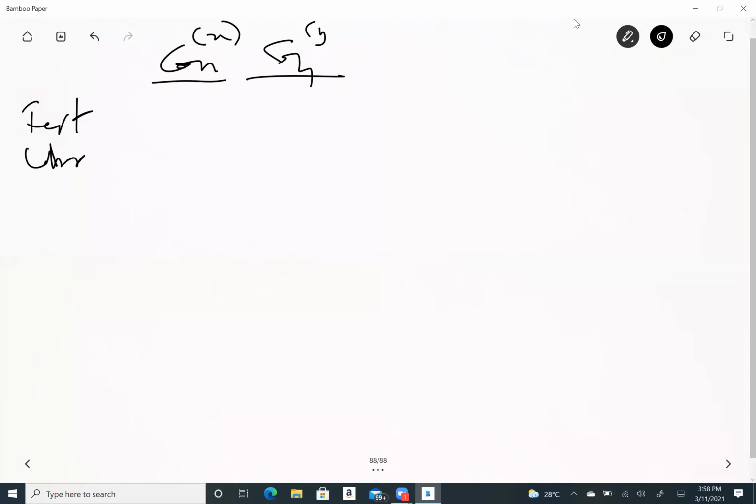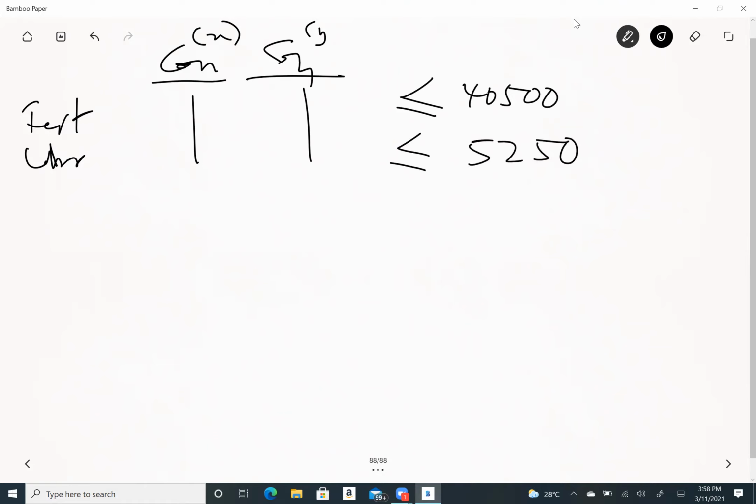And you got the information put there, as per in the book. And that is the limit, 40,500. And also here, the limit, 5250. So sometimes, how do we know the limit?